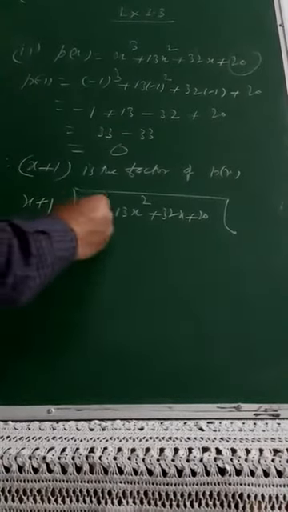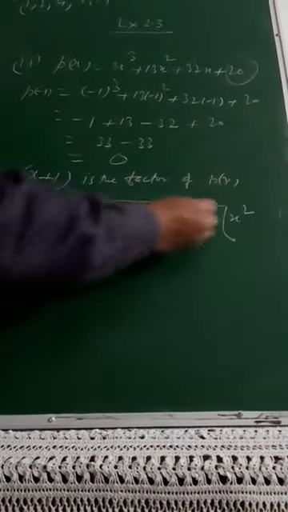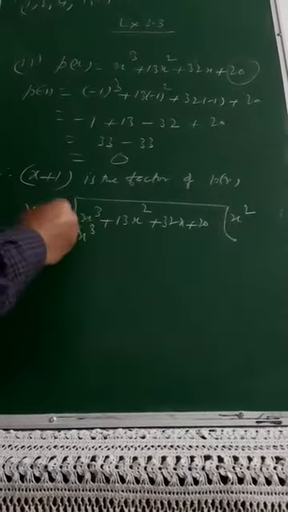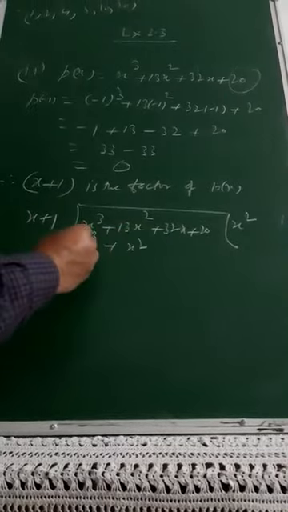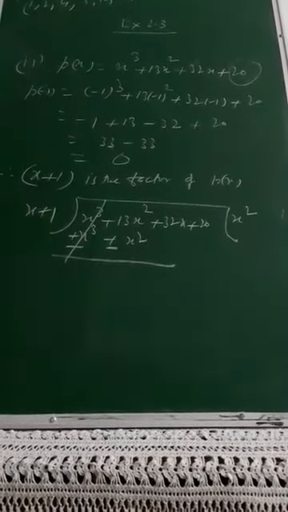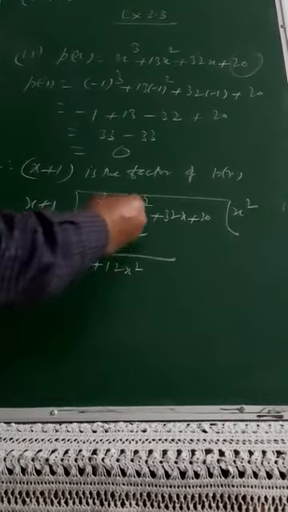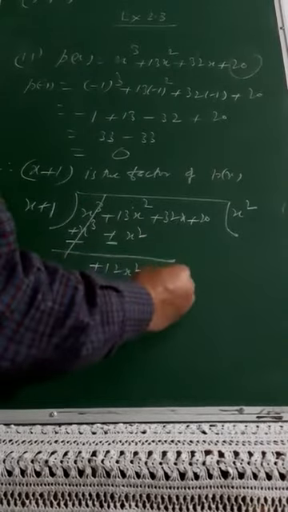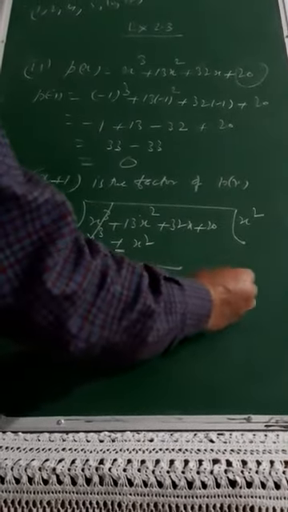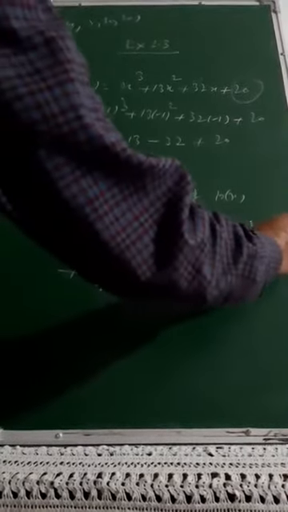So x into x square is x cube, so I need x square here. x square into x plus 1 will make it x cube plus x square. Do not forget to change the signs. Higher degree is cancelled here. 13 minus 1 is 12x square. Put the sign of the greater term, positive. Then it is plus 32x plus 20. Then I need 12x square, so here it is plus 12x.